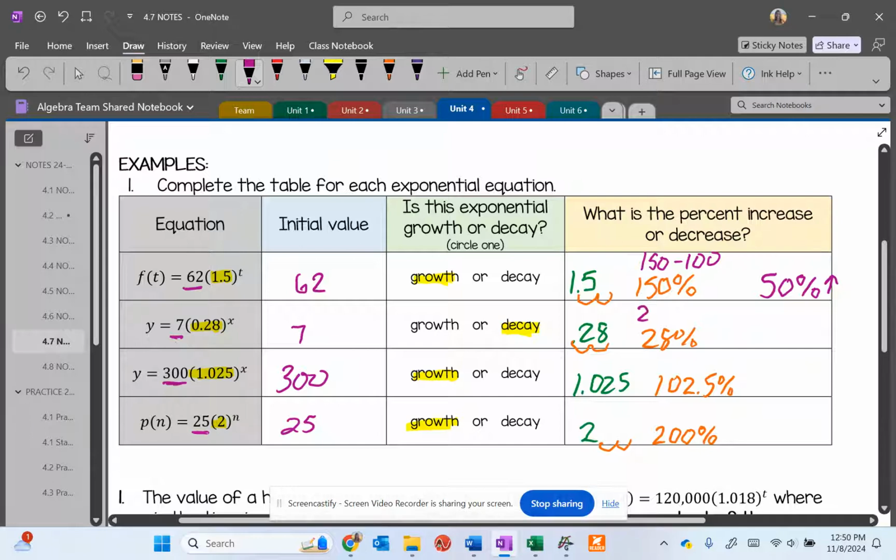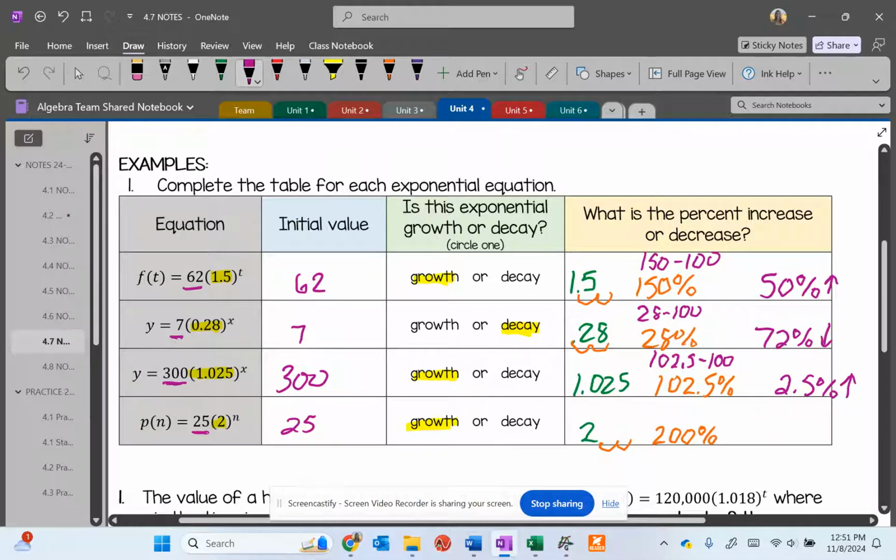We could do 28 minus 100, which is negative 72, which means this is a 72% decrease or decay. Same thing with this example, 102.5 minus 100. We're left with a positive 2.5%, which means that's a 2.5% increase.